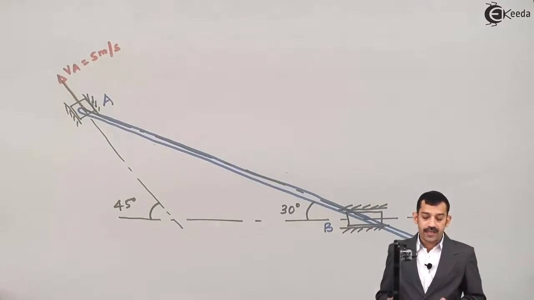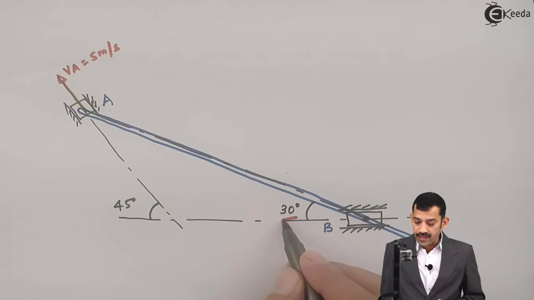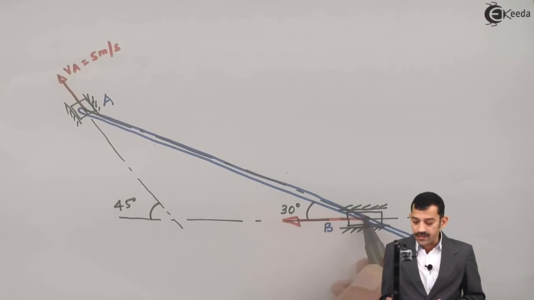Now if end A slides along its path in the upward direction, point B which is on the slider has to slide in the horizontal direction. If A moves upward, B will slide in the leftward direction. Say this is the direction of VB.